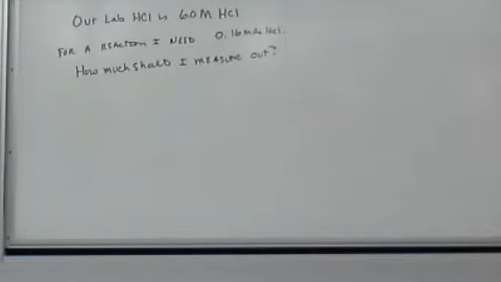Anytime volume, which is liters, we're just gonna make this liters, because that's what we're looking for. Volume is the same thing as liters. So we know that liters times the M equals moles. You're not looking for moles.